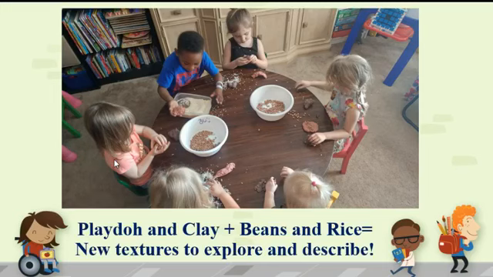All right, so one way to boost that vocabulary, and we talked about giving them the opportunity to use rare and unique words, one of the ways you can do that is by giving them new, unique sensory experiences. So here you can see what looks like utter chaos, but that's my kids playing with rice and beans. I think there were some lentils in there.